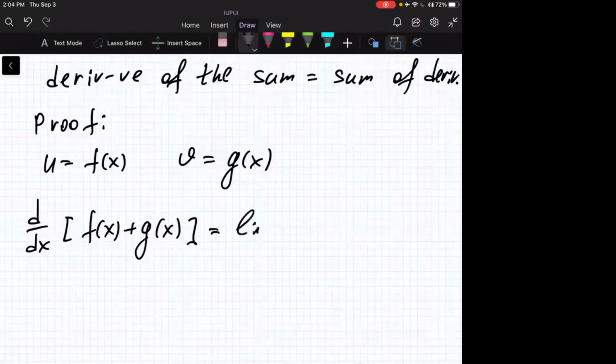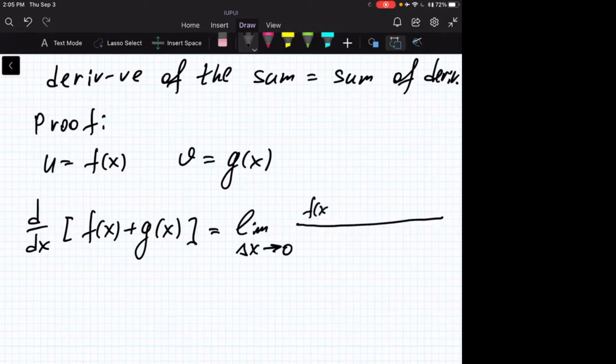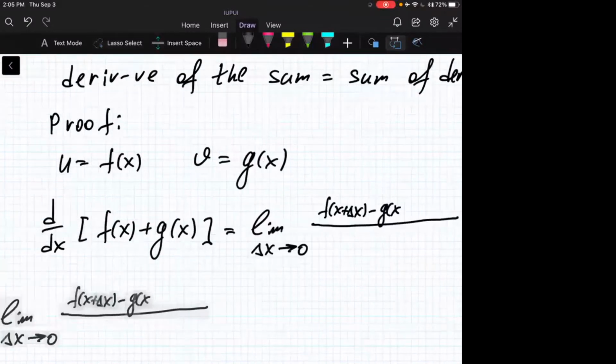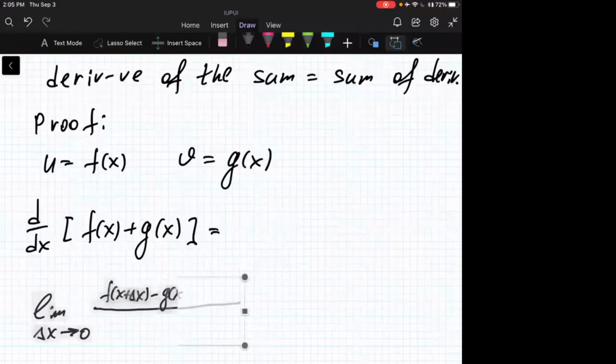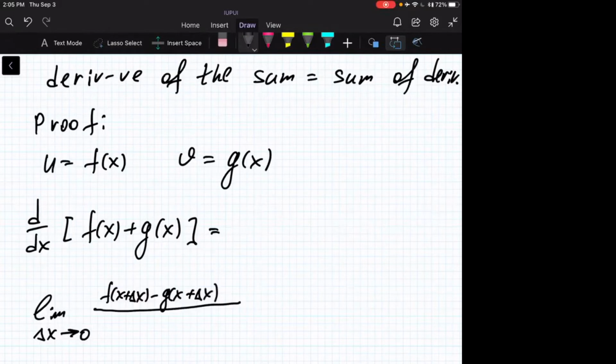So by the definition, I should consider the following ratio. So first, in the numerator, I write the delta y, which is f of x plus delta x plus g of x plus delta x.